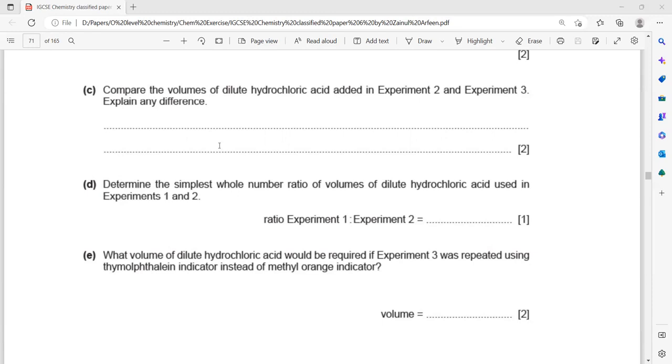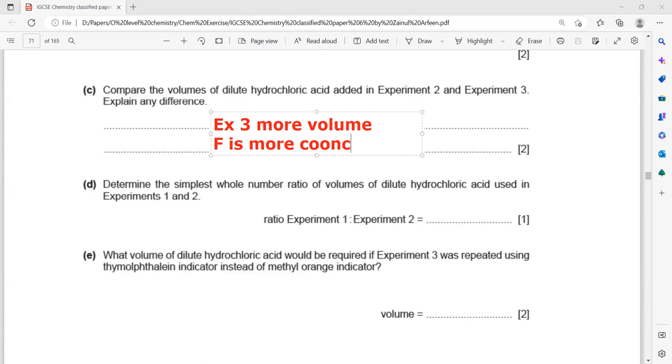So compare the volume: experiment 3, we need more volume. And what is the reason for that? Because F is more concentrated than E. That's why you need a different amount of HCl, the same concentration of HCl, but a different amount.